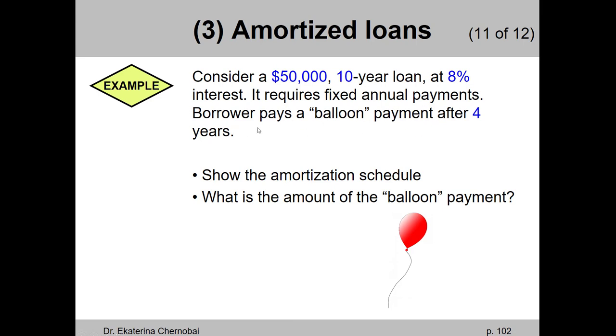So maybe it's a loan to buy a cheap house somewhere for 10 years, although it's not typical in real life. After 4 years, we are selling the house and paying back the remaining balance to the bank. What is the amount of the balloon payment? How much are we going to pay to the bank after 4 years?